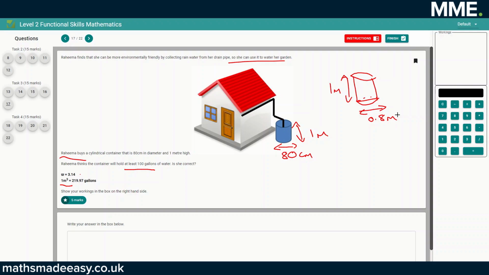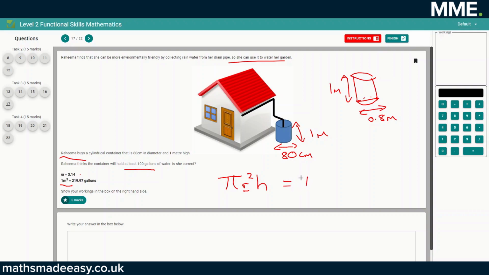So to find the volume of a cylinder, we have to use the formula pi r squared h, where h is the height, and pi r squared works out as the area of the base of the cylinder. And it's important to note that it needs to be the radius, not the diameter, which is the information given in the question.